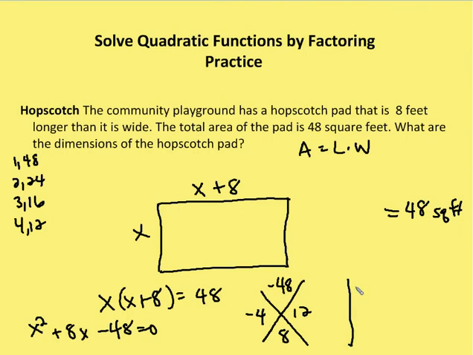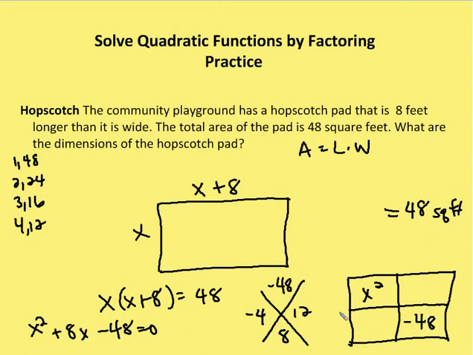I create my box here. And I place the first term in the upper left corner. That's going to be x squared. I have -48 as my c value. Factors -4x and plus 8x.